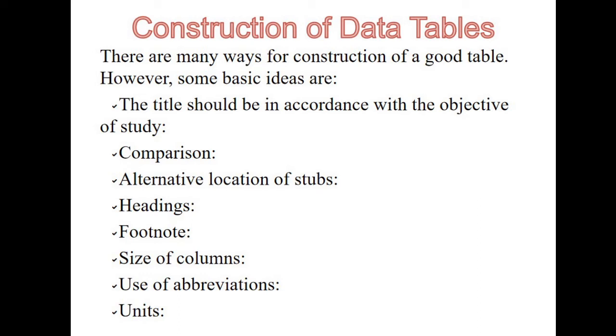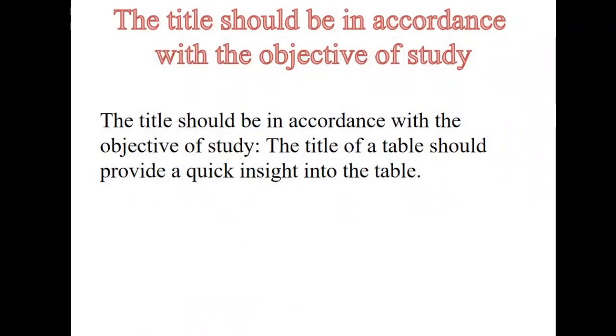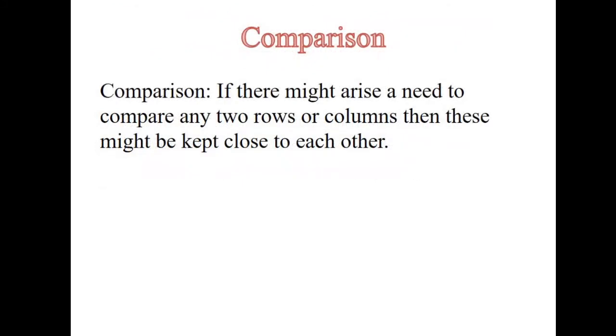First, the title should be in accordance with the objective of study, comparison, alternative location of stubs, headings, footnote, size of column, use of abbreviations, units. All of this should be contained in a good table. The title should be in accordance with the objective of study, which means the title of a table should provide a quick insight into the table.